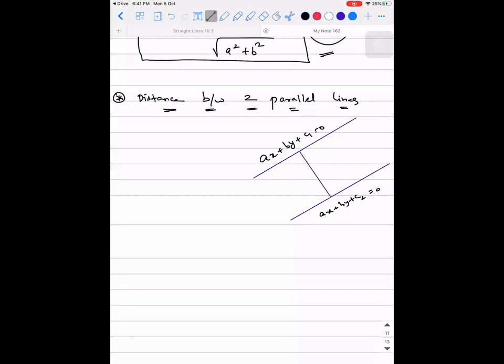If I take the distance between these two lines as d, then d is given as modulus of the difference in the constants divided by root of a square plus b square. D is equal to mod of c2 minus c1 divided by root of a square plus b square. This is applicable only for two parallel lines. Is that clear?